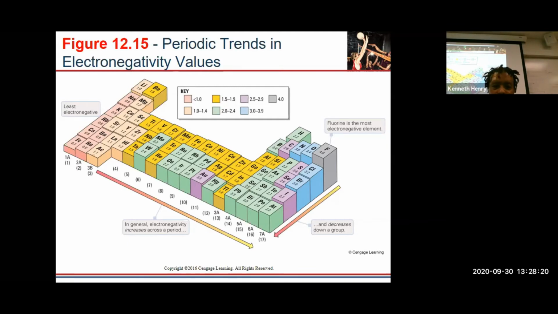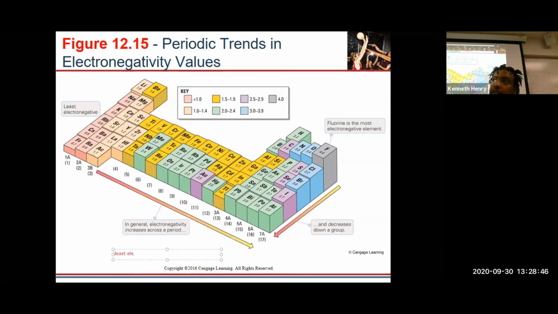So when you're trying to determine who's going to go in the middle, the center atom is always going to be the one that is the least electronegative, except for hydrogen. Hydrogen will never be in the center.